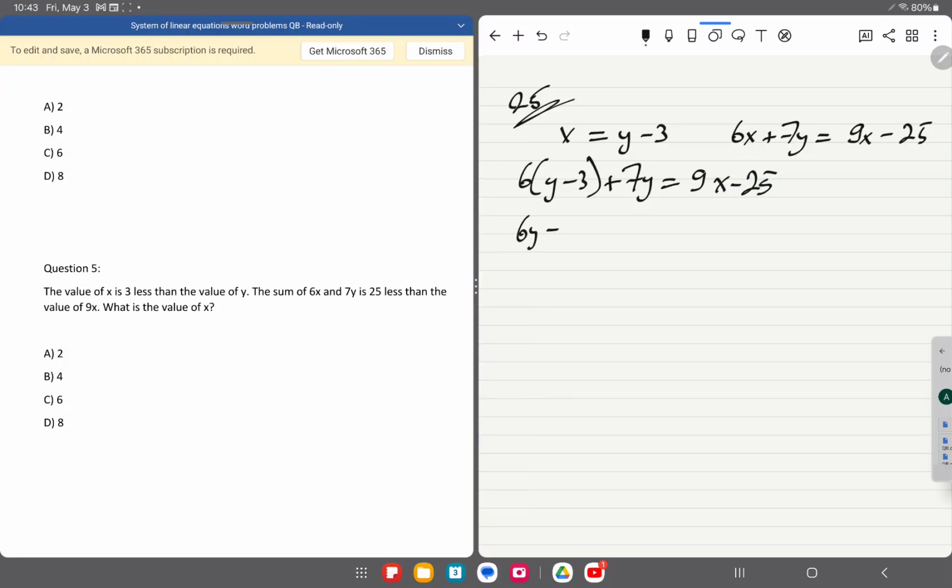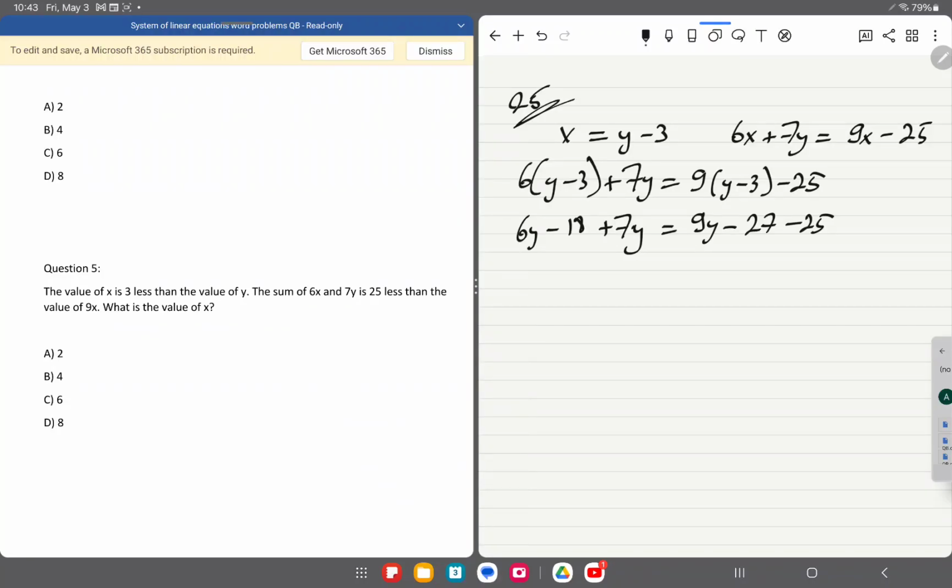I didn't substitute this one here. So 6y minus 18 plus 7y is equals to 9y minus 27 minus 25.